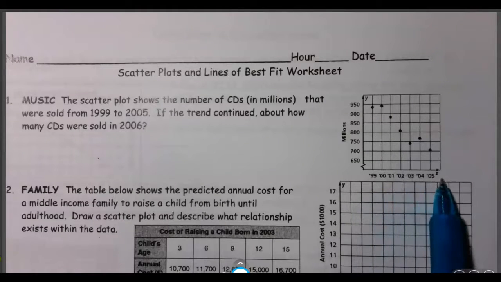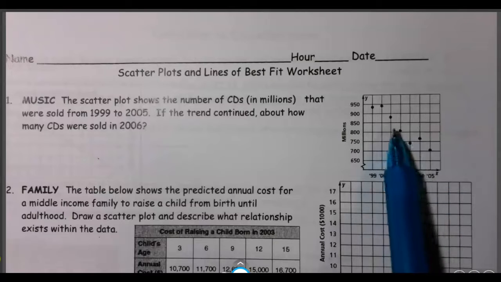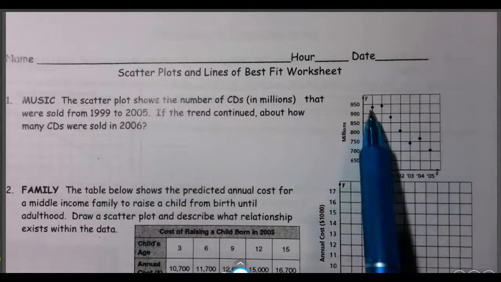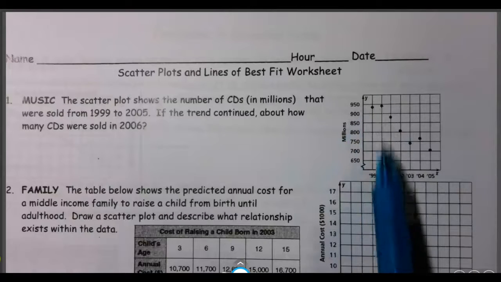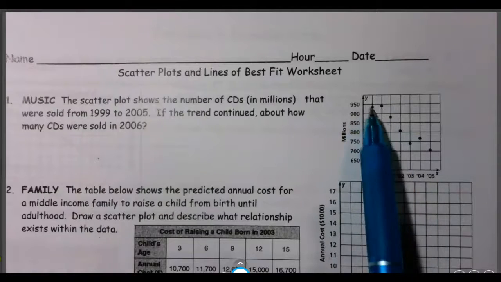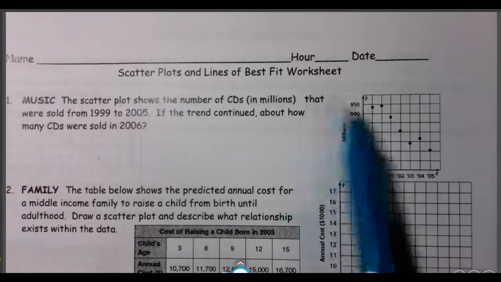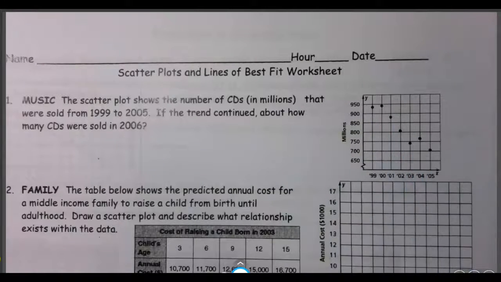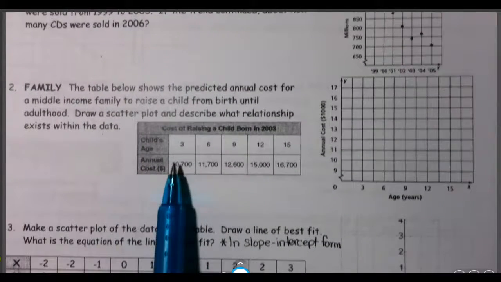So people started being able to get their music through technology. They didn't have to buy it. They could just get it off the internet. Up here, we didn't have that opportunity to buy music off the internet. Most people didn't have internet. So the trend went down. It's very interesting. It turns out that it does keep on going down. It's a negative trend.